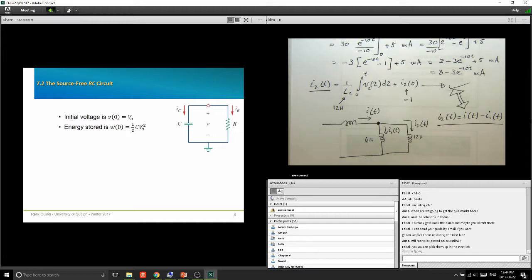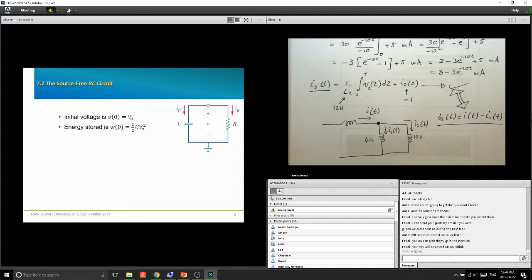So I have this value of V naught across the capacitor, and it's the same value of V naught across your resistor. Now, the energy stored inside the capacitor at time t equals 0 is W of 0 equals half CV squared, and the voltage being V naught, it's half C V naught squared. That's how much energy I have stored now.